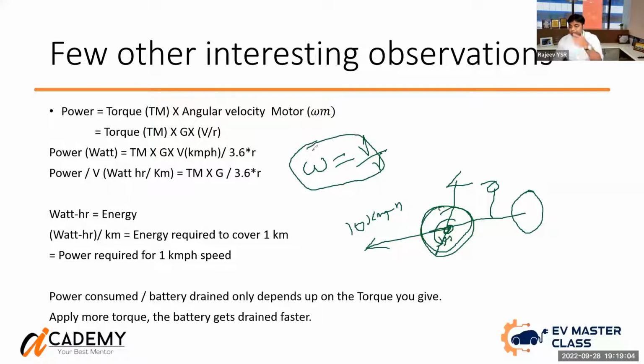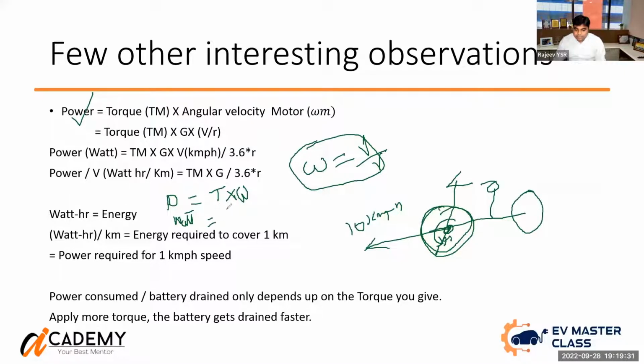Perfect. Somebody wrote V equals R omega. Correct. Omega equals V by R. Both are the same. So now understand this. The power is the same. So the power of the motor is the torque of the motor into the angular velocity. Now what are the units of power?